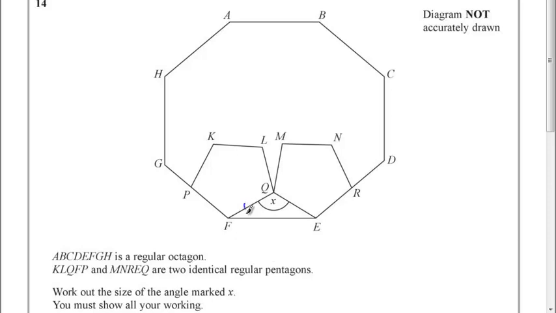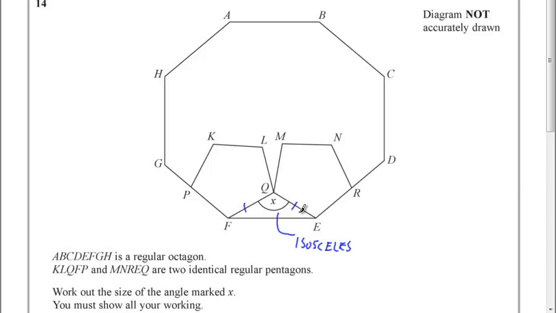So this length must be the same as this length, which tells us that this is an isosceles triangle. Now, because it's an isosceles triangle, if we can find out this angle here, which will be the same as this angle here, then we can take both those from 180 and we'll find x.